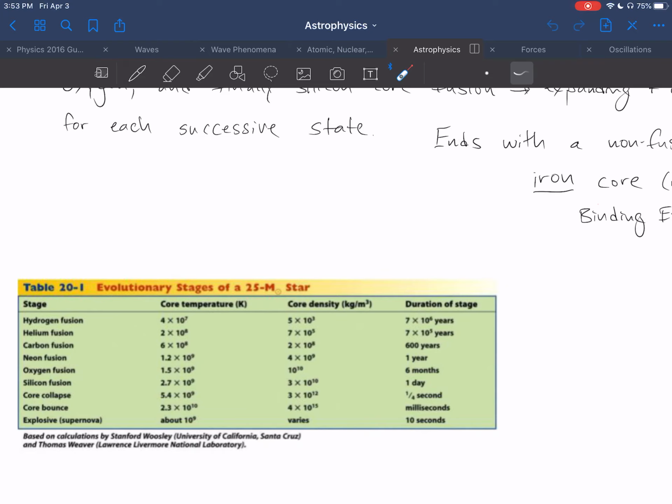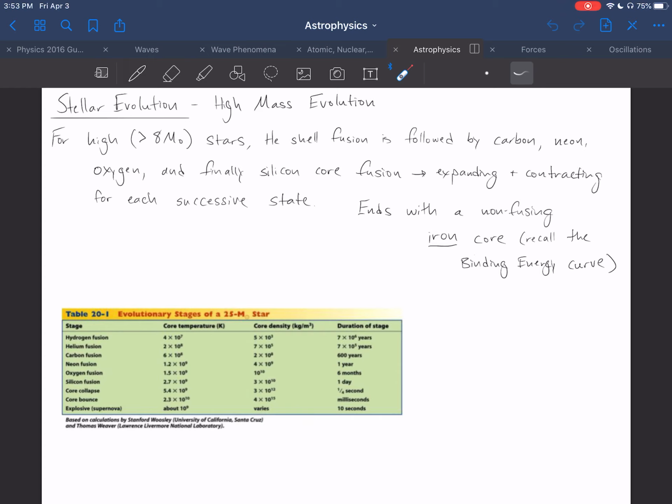It progresses from oxygen fusion to silicon fusion in the course of a single day. And that is an amazing fact. So it happens on astronomical timescales in the blink of an eye. And this ends with, as I said, that non-fusing iron core.